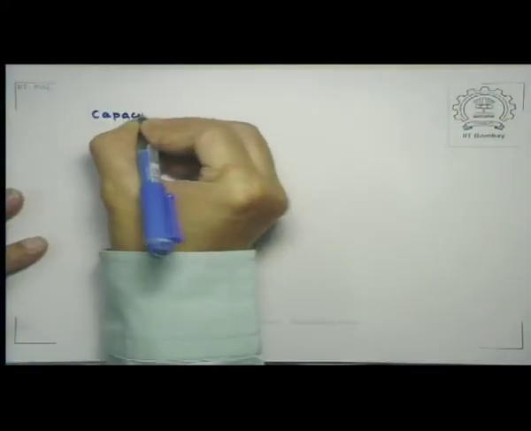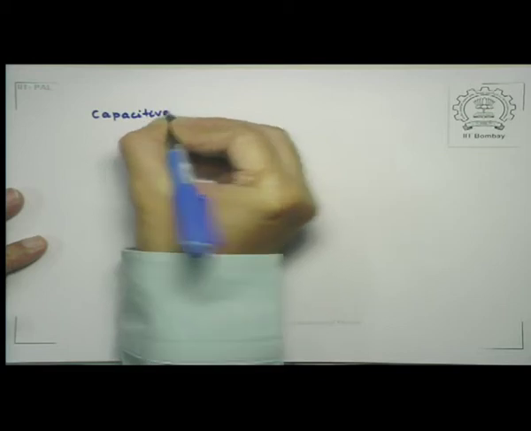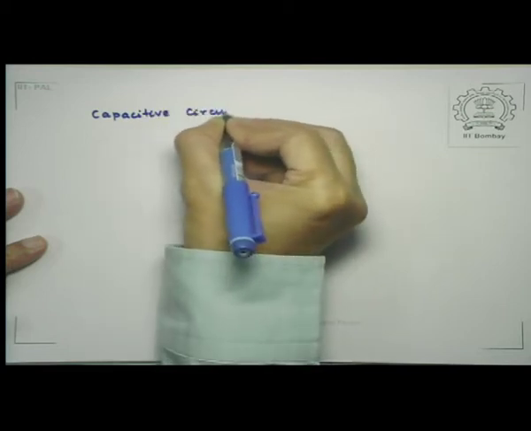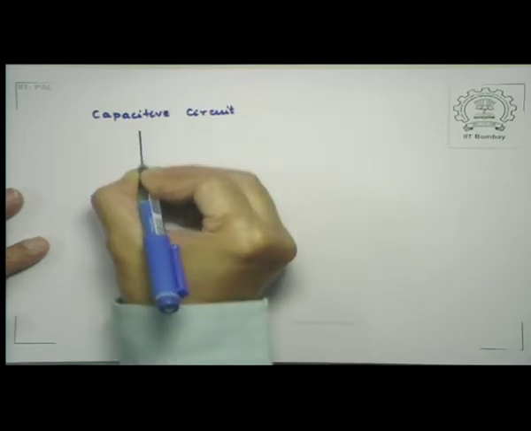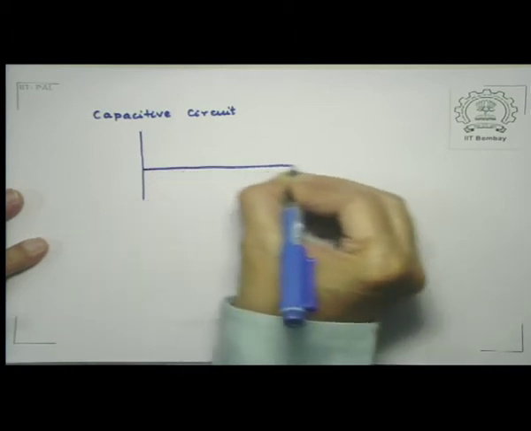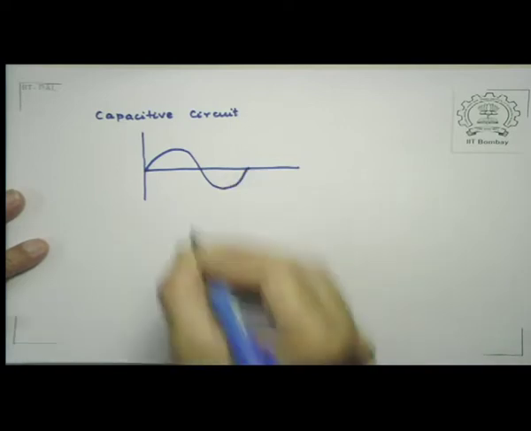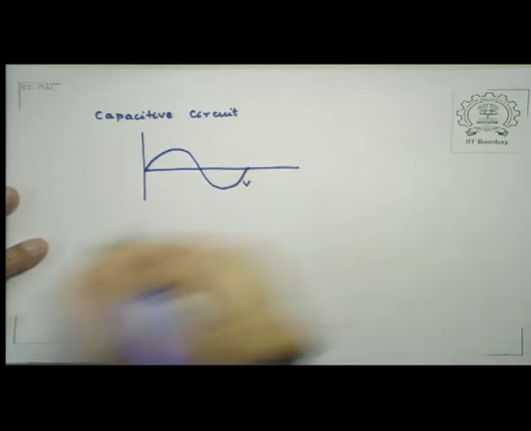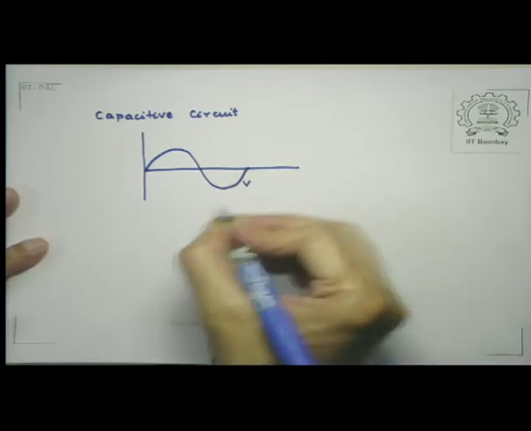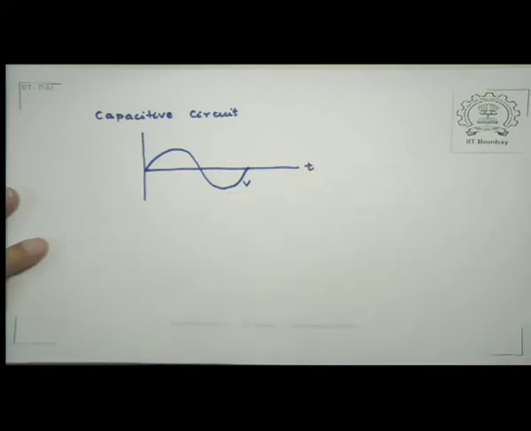So for example, if I have a capacitive circuit, I have the following situation. This is my voltage, V. As before, I plot with time both the current and the voltage.